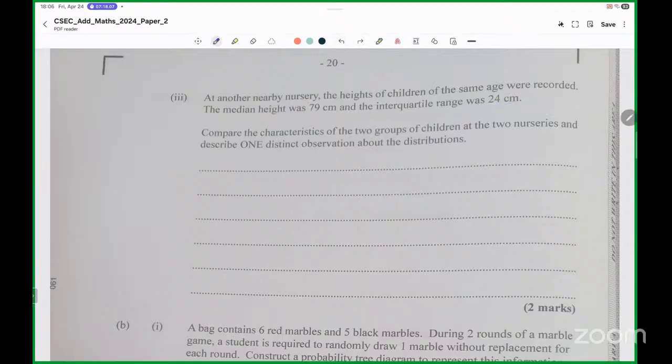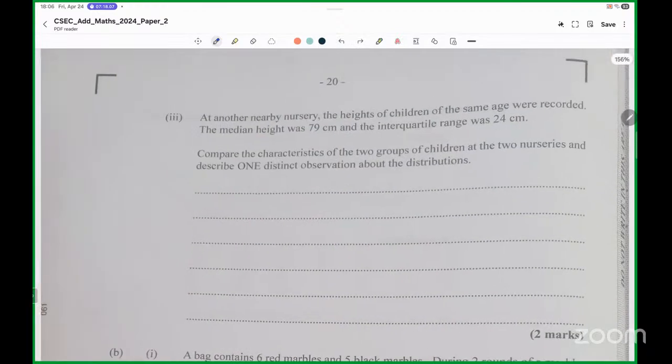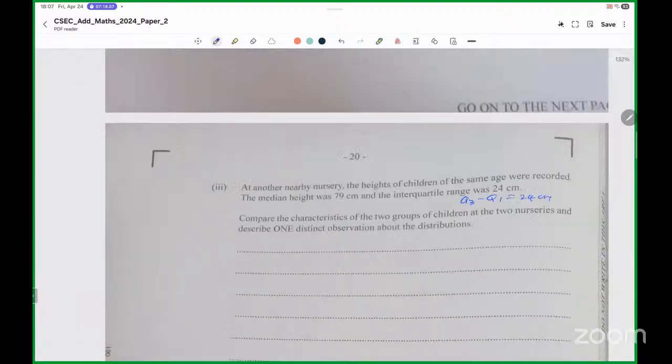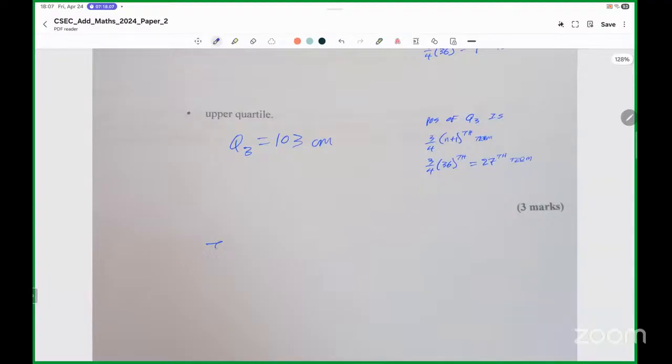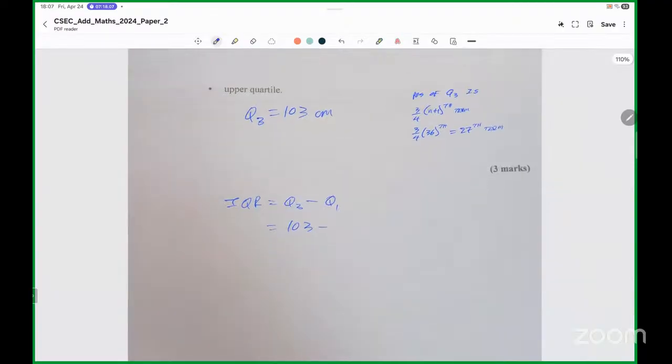All right, the interquartile range is Q3 minus Q1. At the other nursery, Q3 minus Q1 is 24 centimeters. But up here, the interquartile range, Q3 minus Q1, works out to be 103 minus what was Q1 again? 75. 103 minus 75 is 28 centimeters.